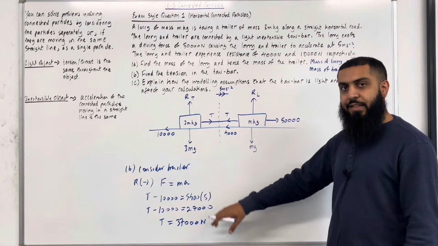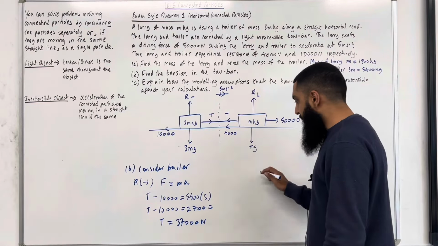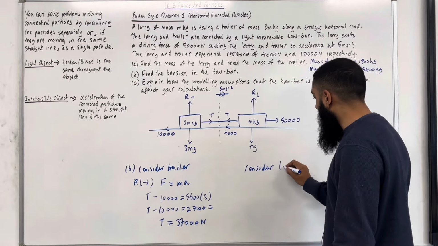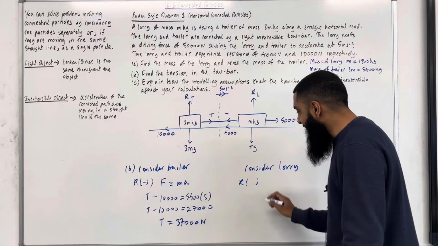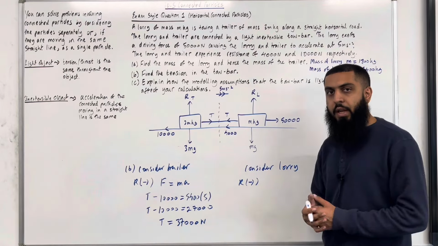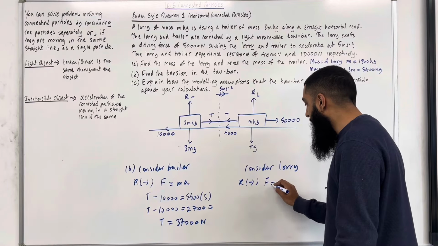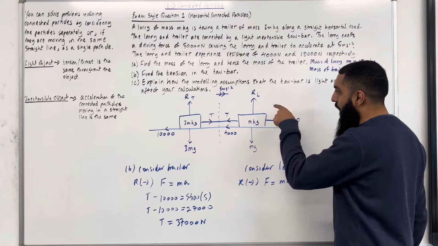Let me check that this is correct by resolving for the lorry. I should get the same answer. So suppose now that I consider the lorry. I'm going to be resolving horizontally, taking right to be the positive direction, and to generate the equation of motion, I'm going to use Newton's second law, F equal ma. So what is the resultant force F acting on the lorry only?